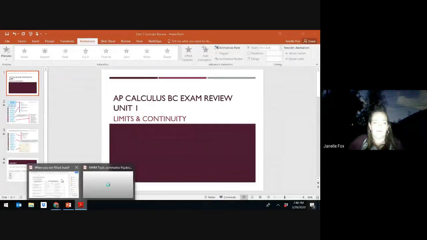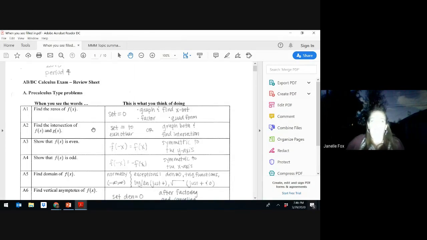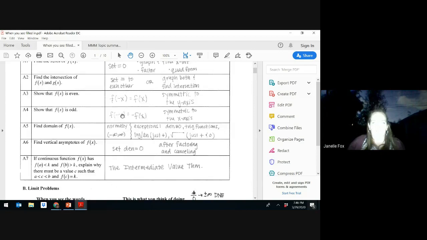Okay. So other things that are of a resource to you. We've attached 2 PDFs that we want you to be aware of. There's one called When You See, and it's something that we would have filled out during class, and it's just very quick little things if it asks you for certain stuff.